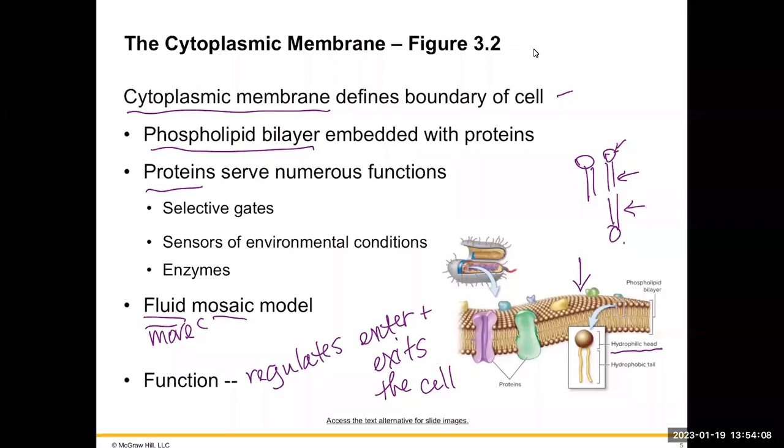Okay, so all of these things that are different colors, those are pretty much proteins. Okay, so some of them are going to be sites for things to bind. Some are channels, which we're calling gates. Some might be receptors, some are enzymes, right? So there's all of these different things in the plasma membrane of the cells, and all those proteins have a function.